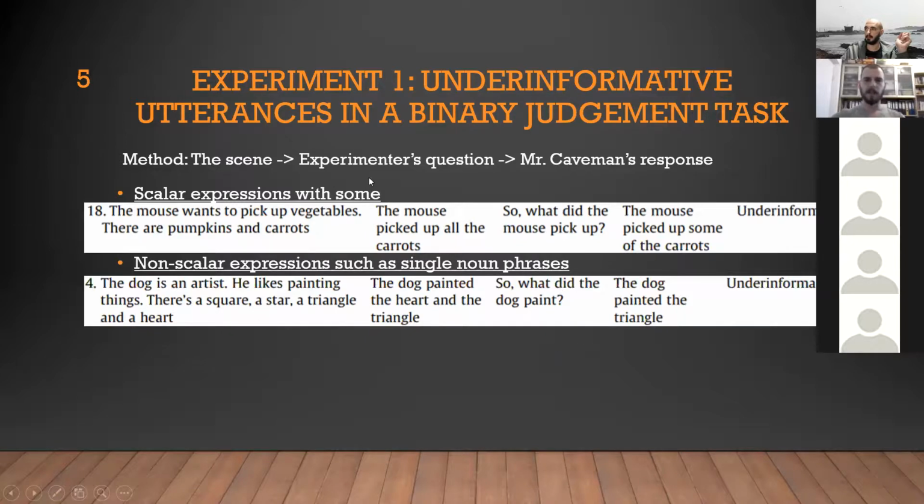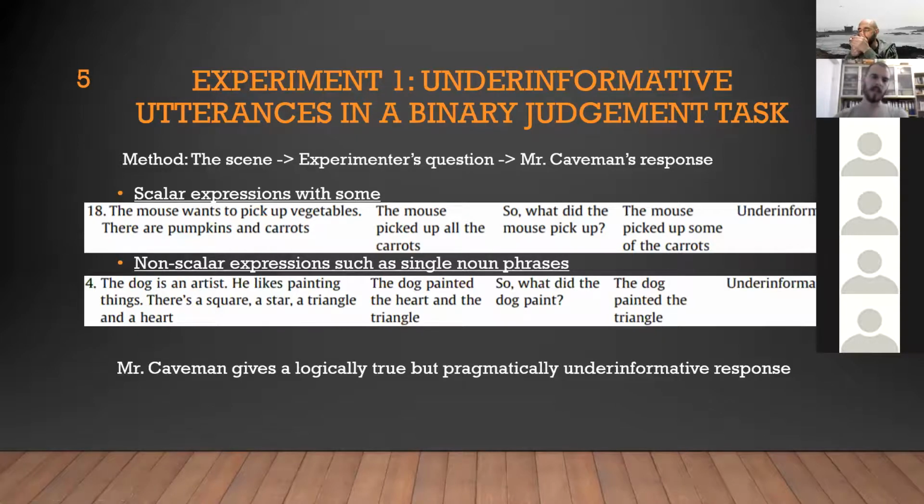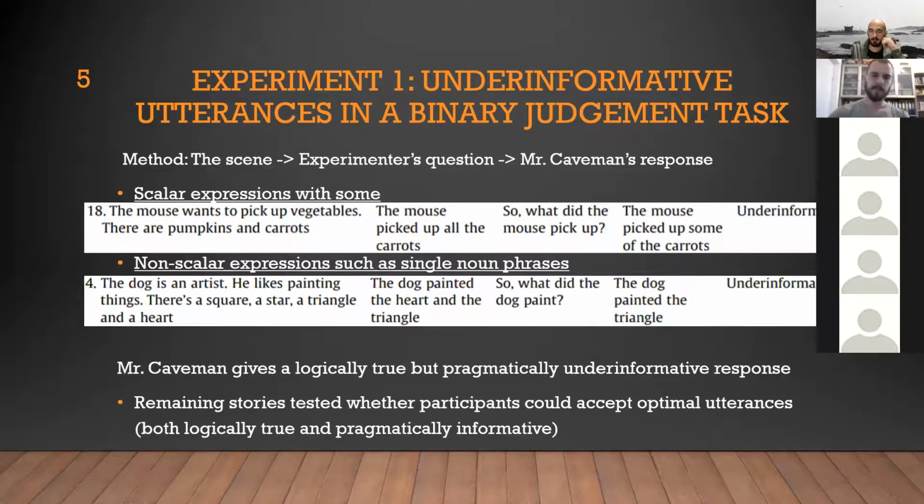Then the experimenter asks Mr. Caveman, so what did the dog paint? And Mr. Caveman answers, the dog painted the triangle. So he again just gave an under-informative utterance. So here Mr. Caveman gives a logically true but pragmatically under-informative response.